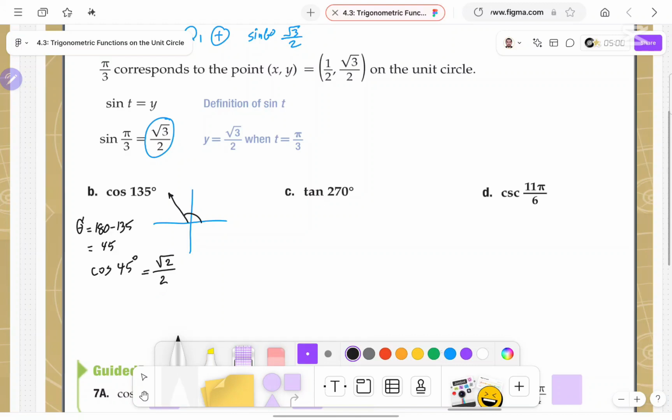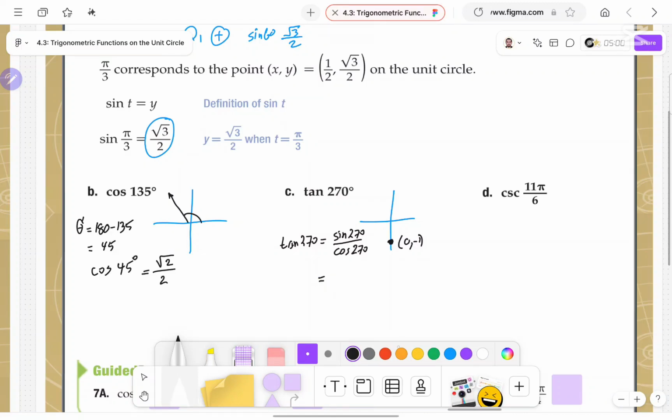Now this one here, let's draw the angle 270. 270 falls on the y-axis, at negative 1. So this point is (0, -1). Now what is tan 270? I told you tan is sine 270 over cosine 270.